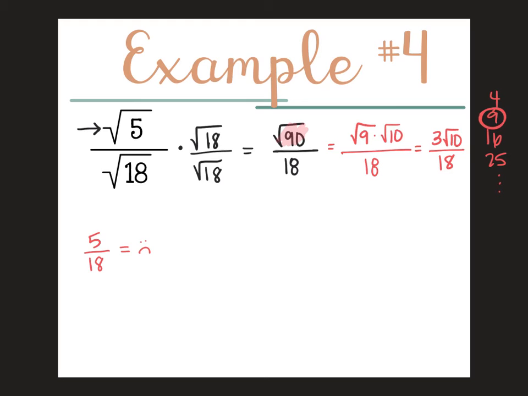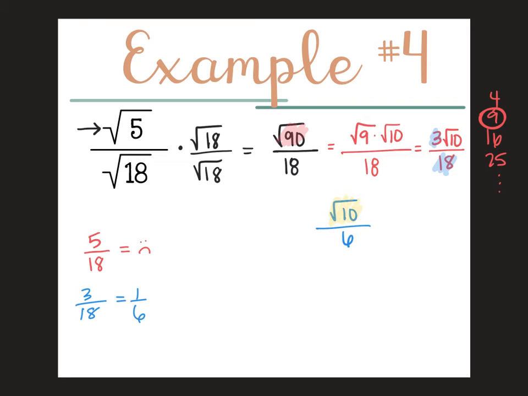And then continuing, I realize that 3 over 18 can be simplified to be 1/6. So this is really 1 square root of 10 over 6. However, kind of like we don't write 1x, it's not really necessary to write 1 square root of 10. So square root of 10 over 6 is sufficient.